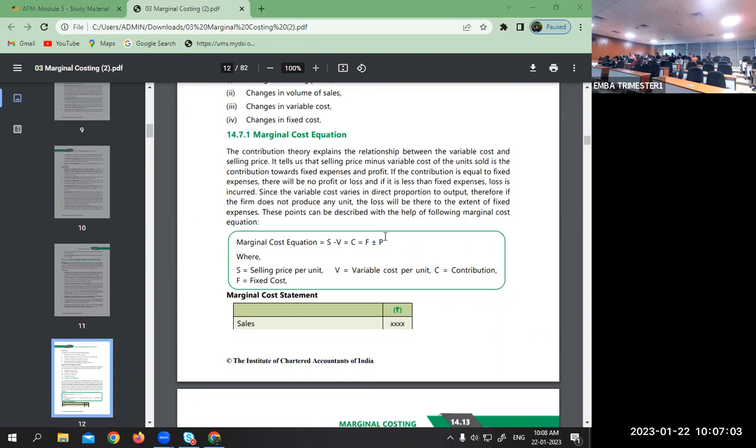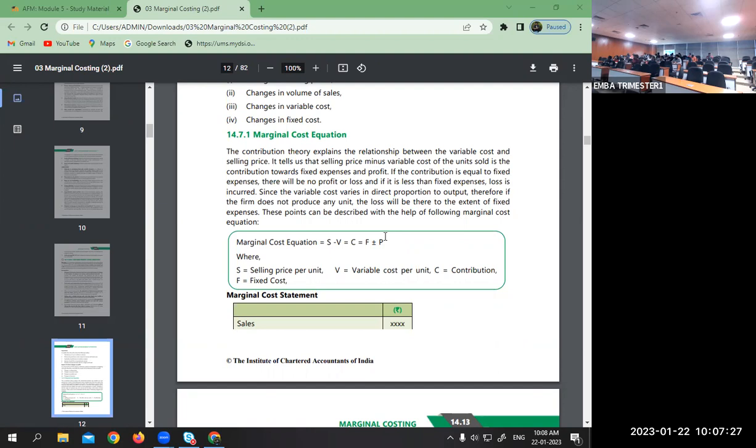We have some logic to calculate this. Before that, are you okay with this equation? Sales minus variable cost equal to contribution. That should be equal to always fixed cost plus profit. Write this down. You already wrote contribution is equal to sales minus variable cost, right? And also you wrote contribution minus fixed cost is equal to profit.